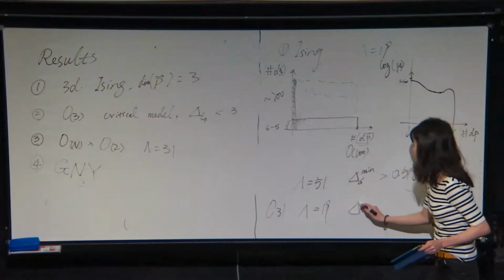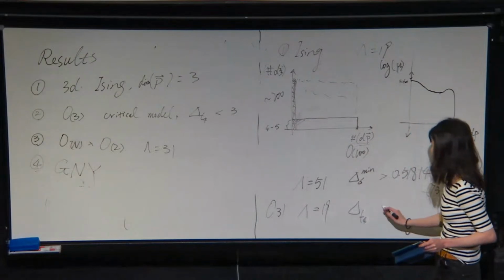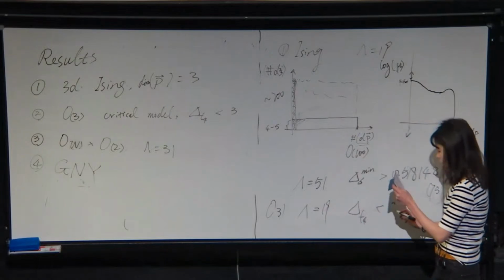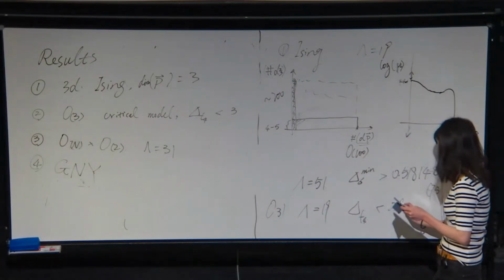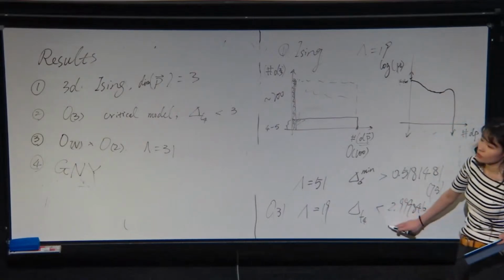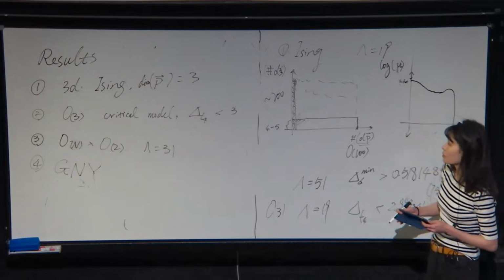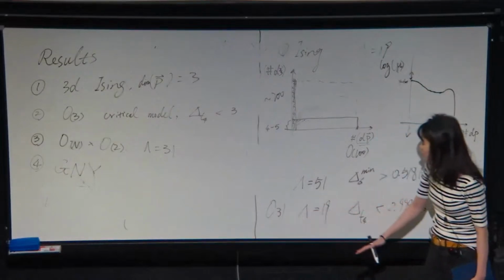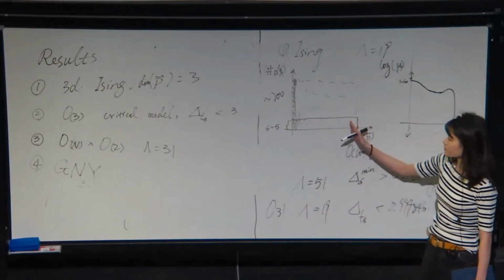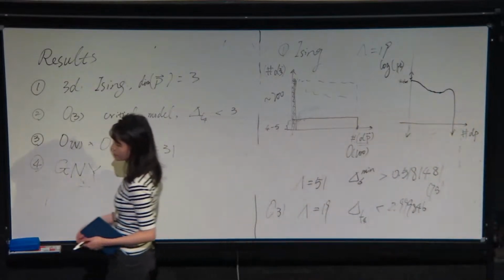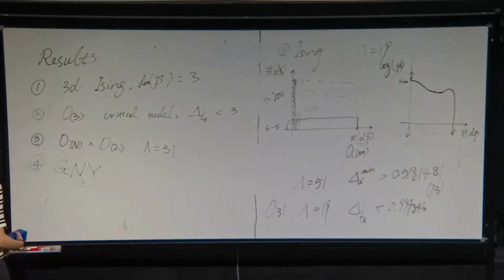We were able to prove that a rank 4 tensor is relevant even at lambda equals 19, at 2.9998. So it's already proved that the operator is relevant, and we are running at a lower lambda and using fewer resources, taking fewer steps. So those are our results.